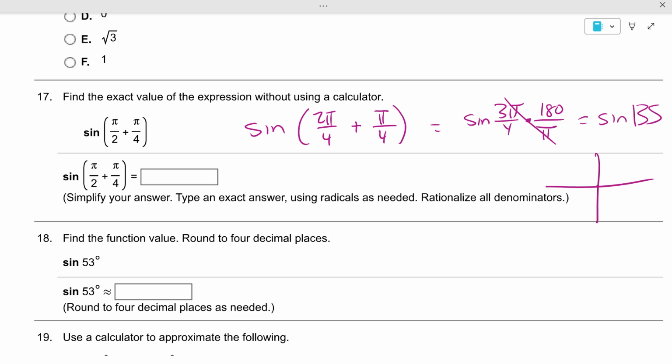So on the graph, 135 degrees this way leaves me 45 degrees to get to 180. So this is a 45, 45, 90 triangle. Remembering that on a 45, 45, 90, when the hypotenuse is 1, the sides are square root 2 over 2. So if we're looking for sine, it's square root 2 over 2.